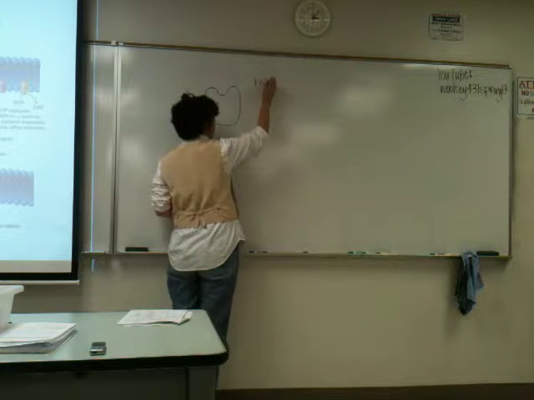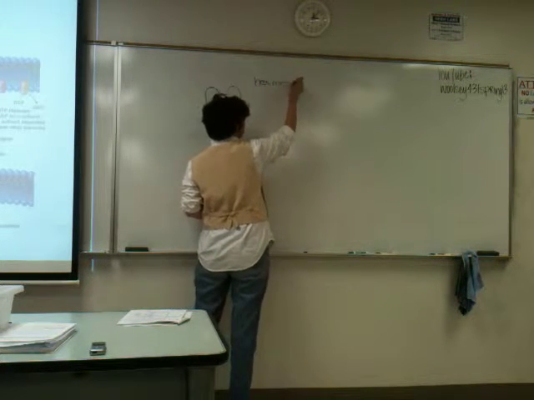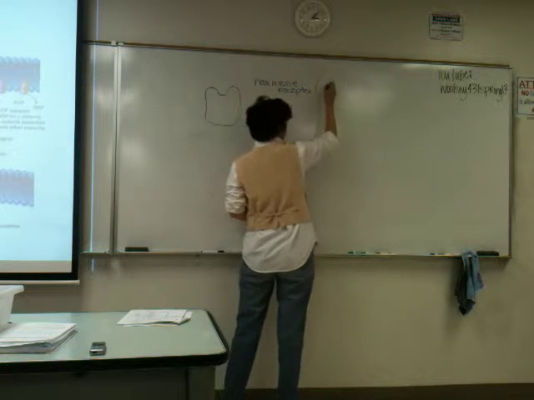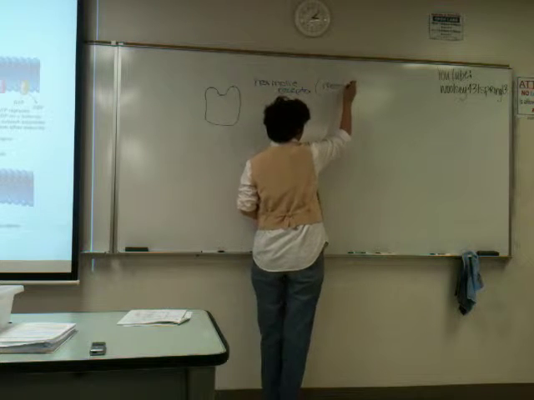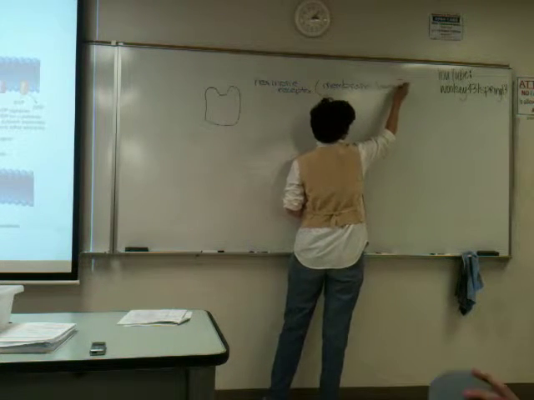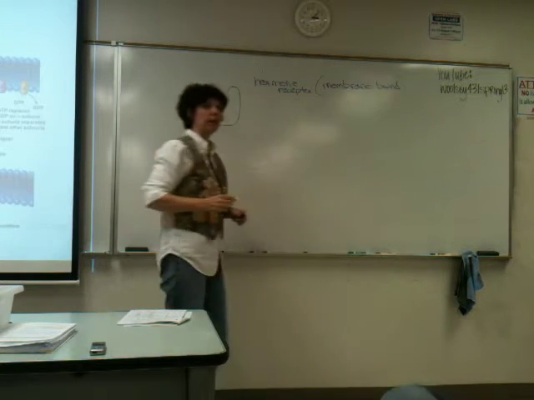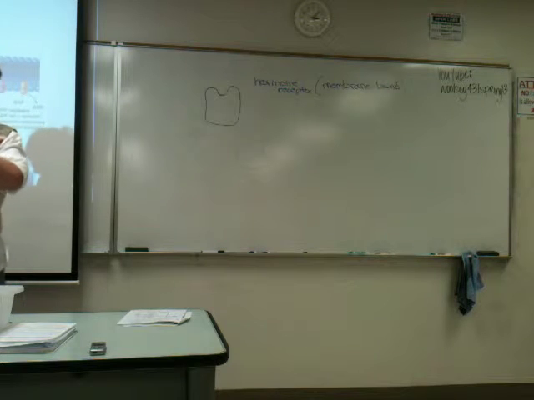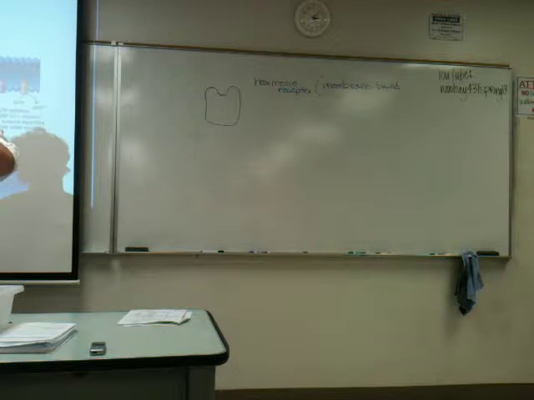So this is a hormone receptor. And it is membrane bound. Remember, our plasma membrane is a lipid bilayer, therefore it's an oily sheen. And this membrane receptor is not always in one place.